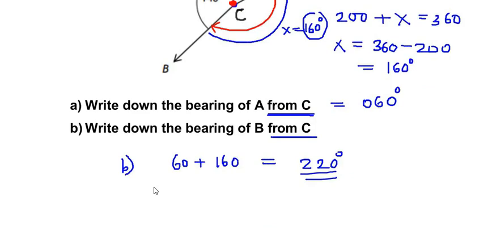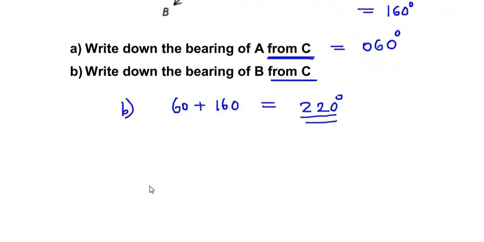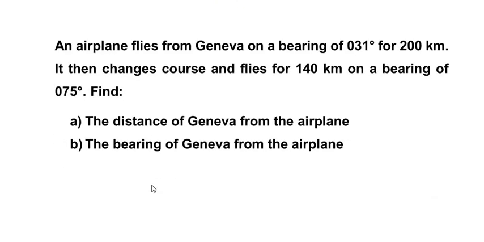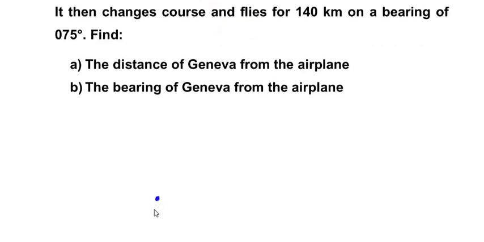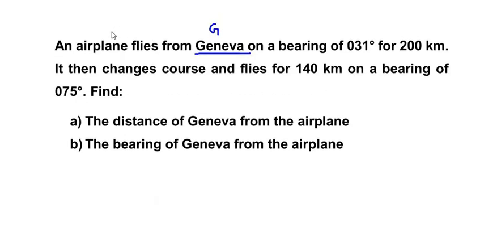Let us look at some exam style questions having word problems. An airplane flies from Geneva on a bearing of 31 degrees for 200 kilometers. So what we will do is we will take a capital G for Geneva and draw a point over here, that is G. And the airplane flies from Geneva on a bearing of 31 degrees.